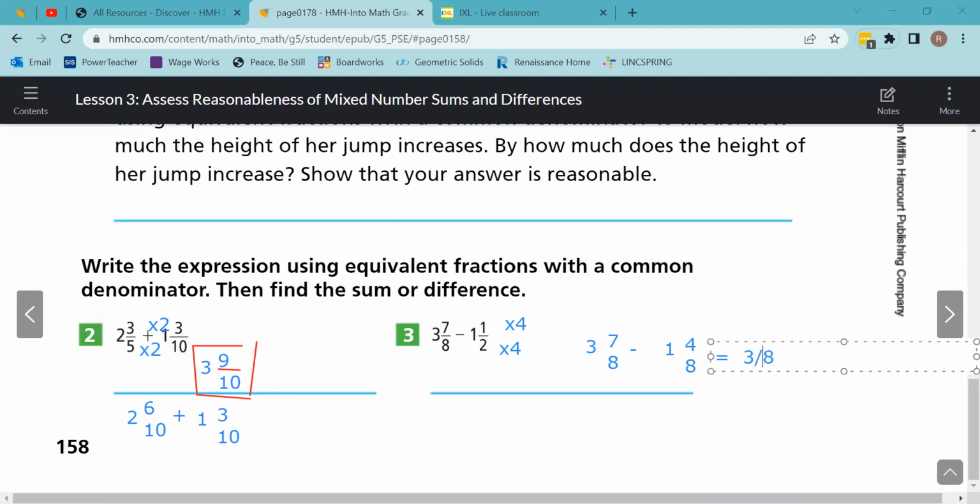It seems silly that I'm starting with my fraction, but again, sometimes you start with your whole numbers and you have to change it. So just kind of a habit to get into. But 3 minus 1 is 2. So for now, you can actually do your whole number and then do your fraction subtracting.